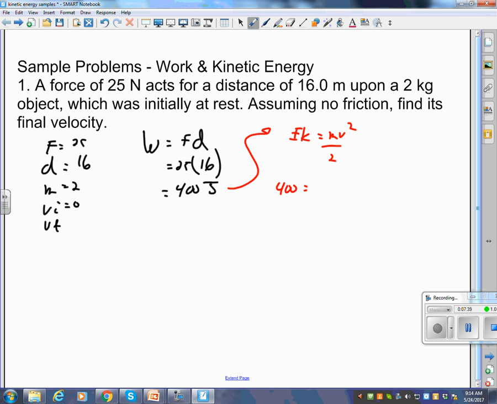So 400 is equal to the mass, 2, v squared over 2. Conveniently, I've made it 2 so that the 2's do what? Cancel. You, of course, won't have that luxury on a test. So that means that v is the square root of 400, which is conveniently 20 meters per second.